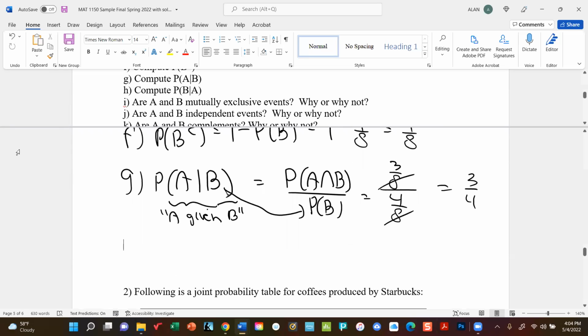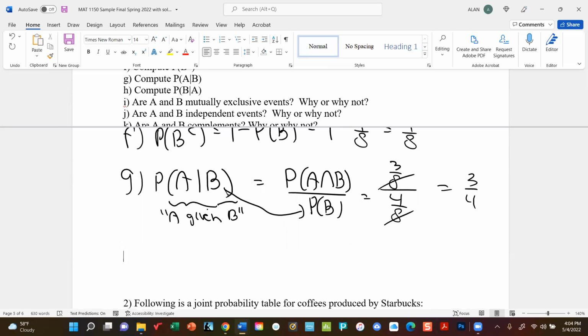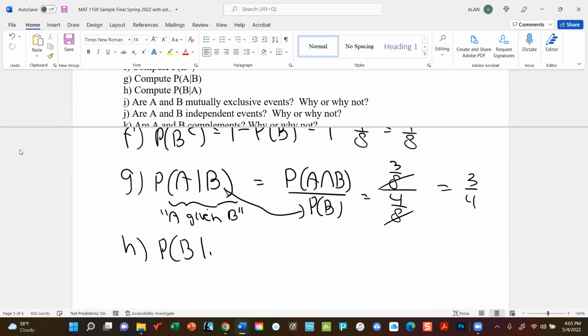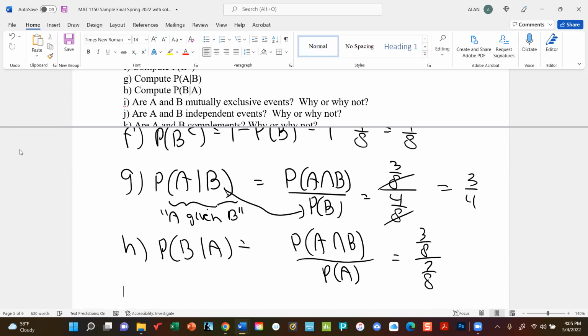Now, if you notice, H is also a conditional probability, but this time it's B given A. And so the numerator hasn't changed, but remember, A had a probability of 7/8.